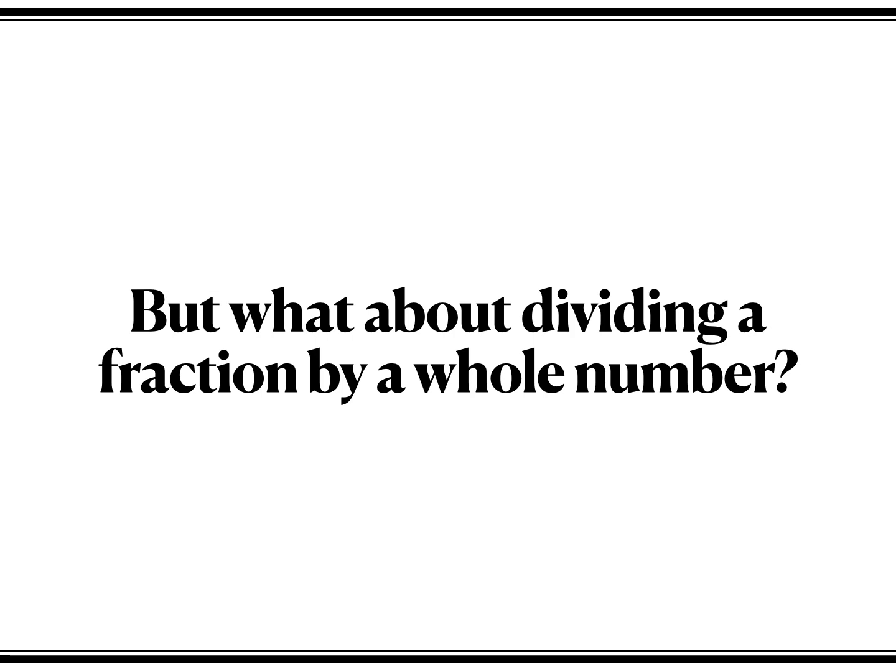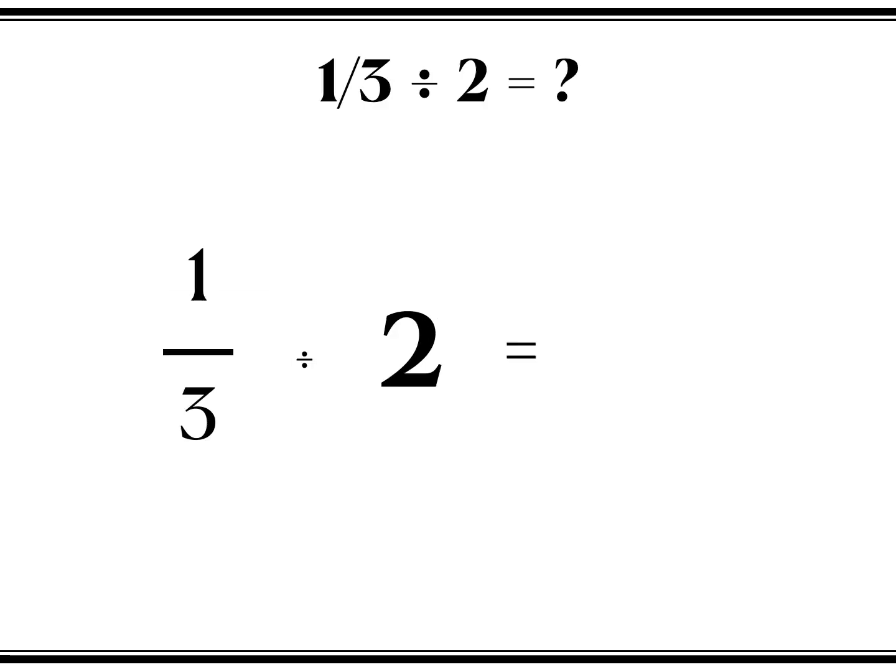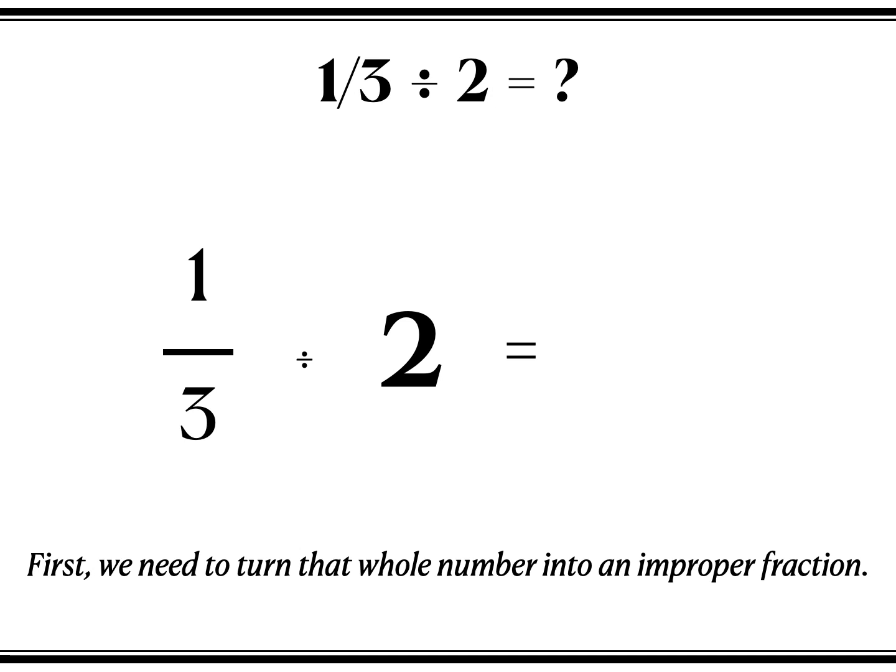What about dividing a fraction by a whole number? So let's say we're doing 1/3 divided by 2. First, we need to turn that whole number into an improper fraction. All right.